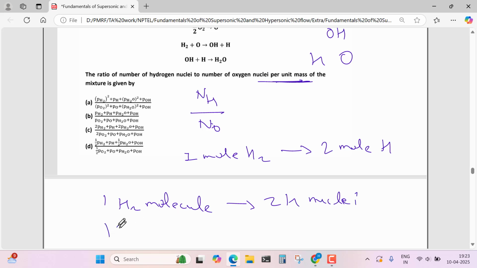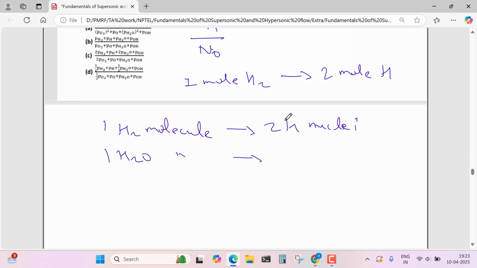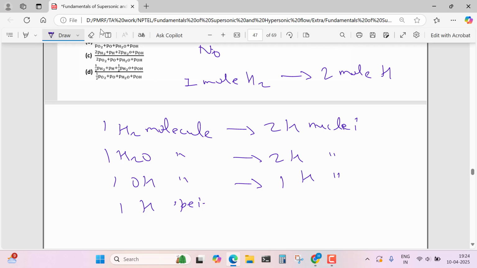Similarly, 1 H2O will have 2 H nuclei. 1 OH molecule will have 1 H nucleus, and the H species will have only 1.